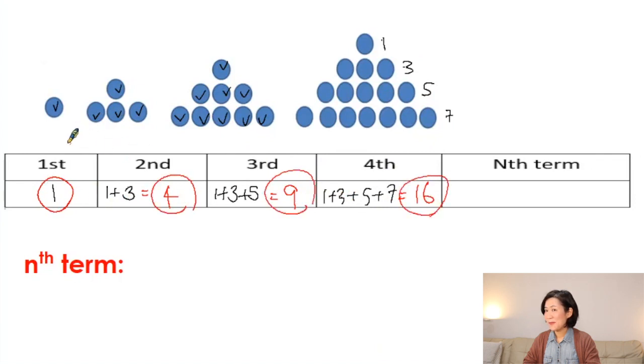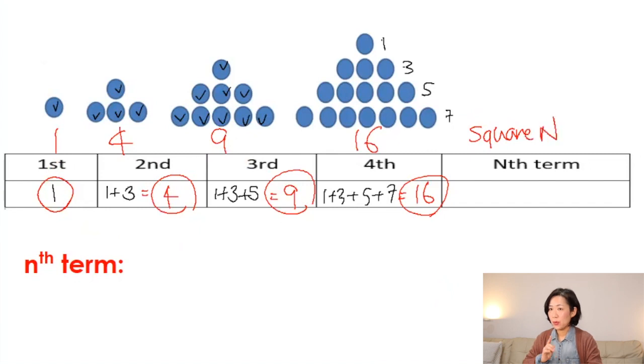Yeah, we just did it before. 1, 4, 9, 16 are square numbers, right? So this number sequence is a square number sequence. So you always remember the square number sequence formula is n squared. Then our nth term is, I'm going to write down, n squared.